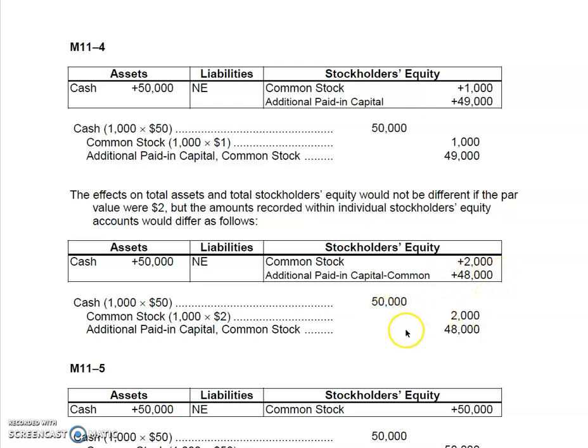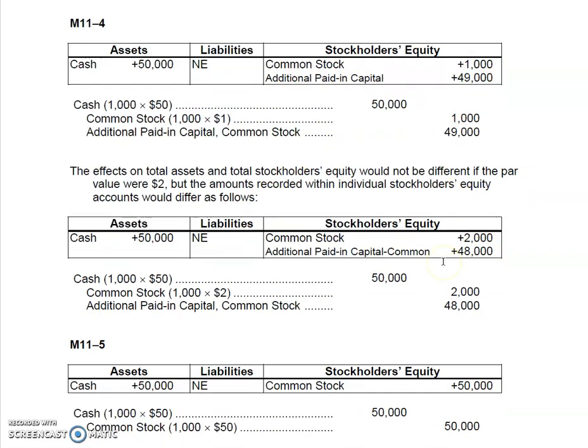Credit common stock $2,000, credit additional paid-in capital for $48,000. So from a big picture standpoint, total assets increased by $50,000. Total stockholders' equity increased by $50,000 in both cases.